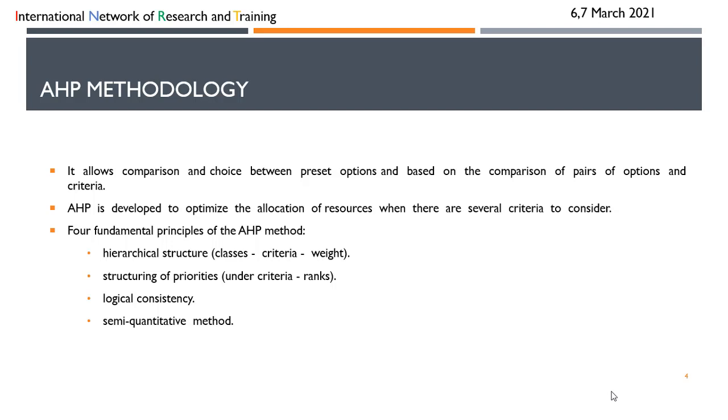It's developed to optimize the allocation of resources when there are several criteria to consider. Four fundamental principles of this method are hierarchical structure, structuring of priorities, logical consistency, and semi-quantitative method.